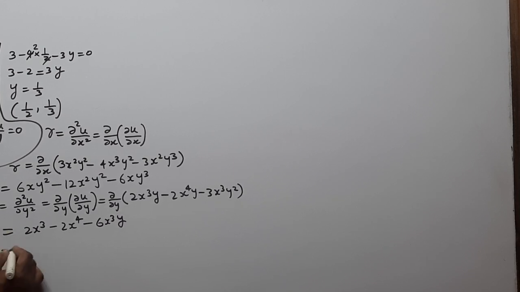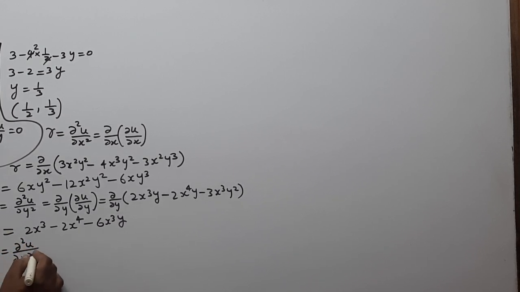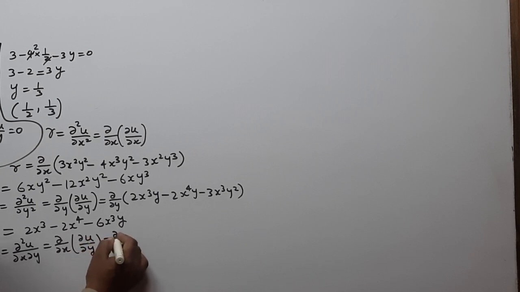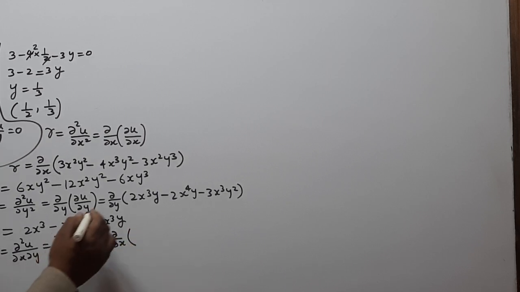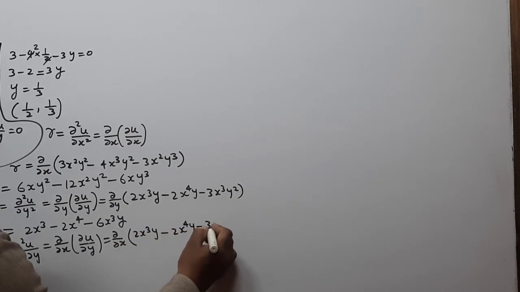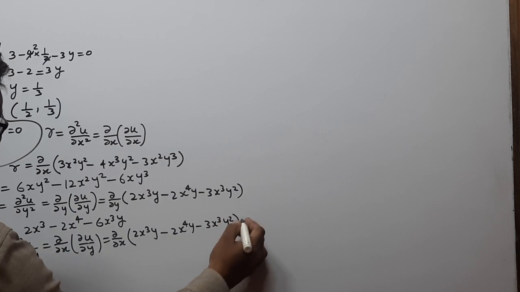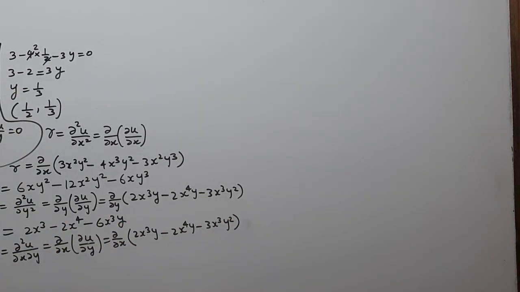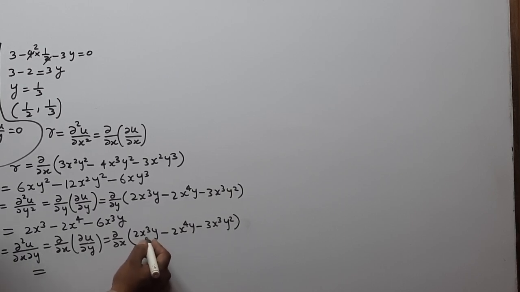Now we find s is equal to del 2u by del x del y, so this becomes del by del x of del u by del y. You can see here this is 2x cube y minus 2x to the power 4 y minus 3x cube y square. Now we differentiate this partially with respect to x. So we get here, you can see this 2y is constant and differentiation of x cube is 3x square.